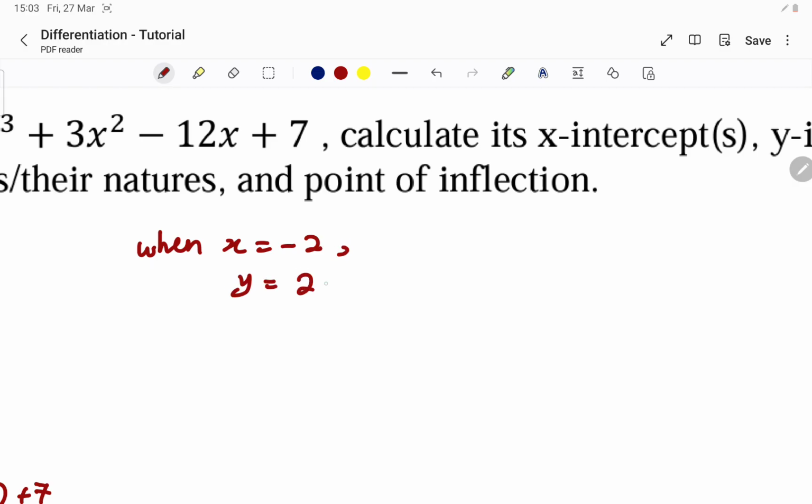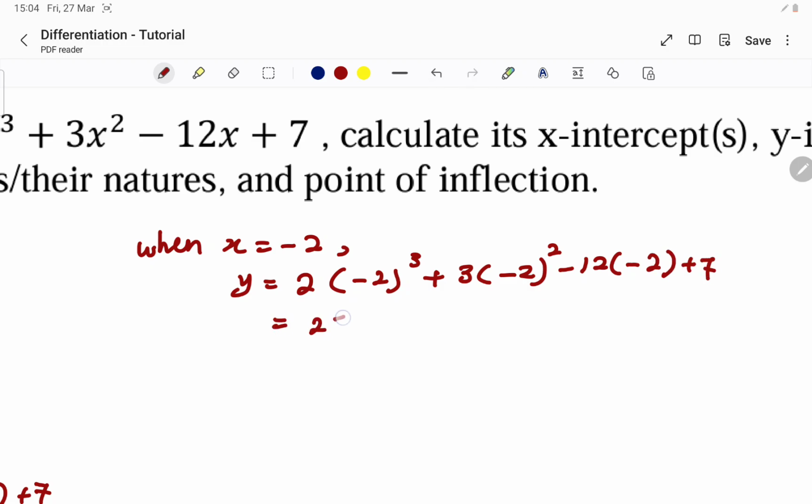y is equal to 2 multiplied by negative 2 to the power of 3 plus 3 multiplied by negative 2 to the power of 2 minus 12 multiplied by negative 2 plus 7. Then you will get 27. So from here you have one coordinate, negative 2 and 27. Now substitute when x is equal to 1.